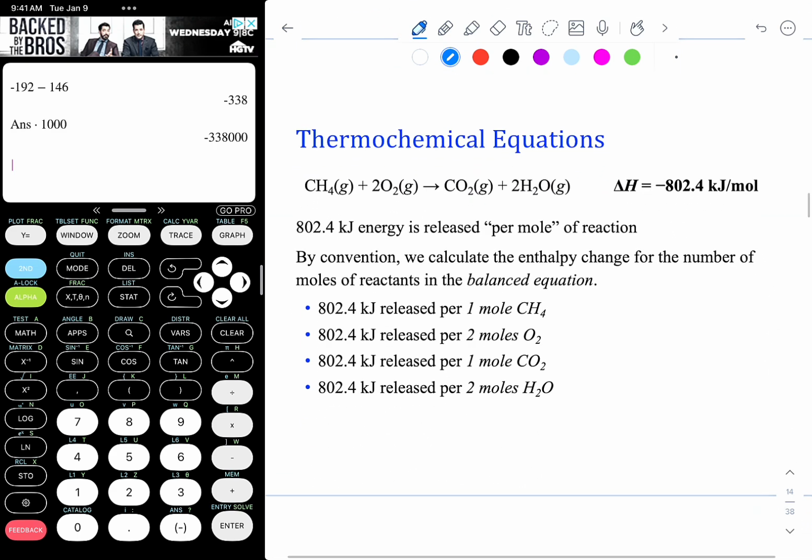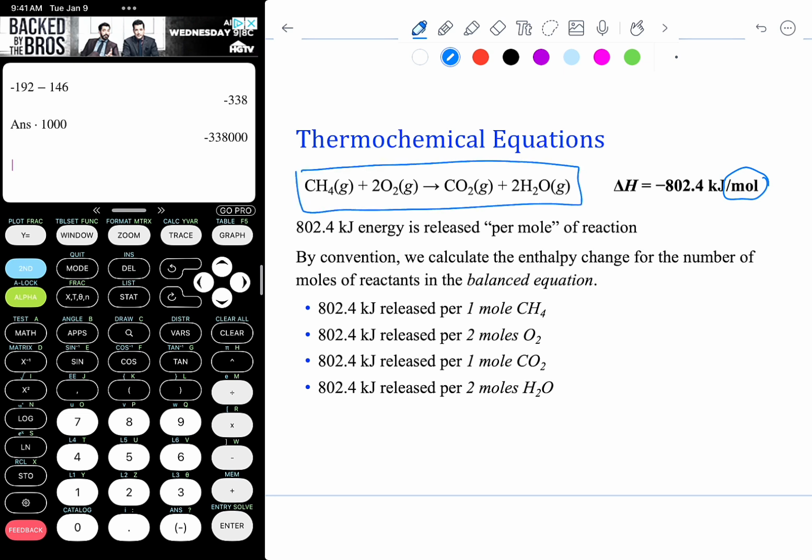In these thermochemical equations, our delta H has a unit first of kilojoules, but now we're adding on a per mole. Okay, that per mole means per mole of reaction. So for every 1 mole of this reaction overall, it requires negative 802 kilojoules of energy in order to do that.